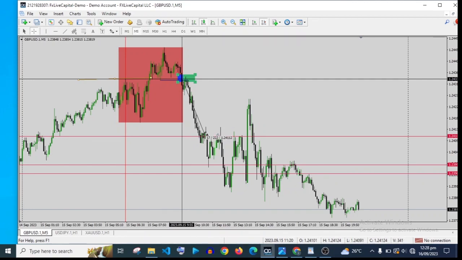So you have already made 1:3 just on the first retracement that happened. On the first retracement you got your 1:1, and on the second retracement you're already making your 1:3 ratio, which is awesome.